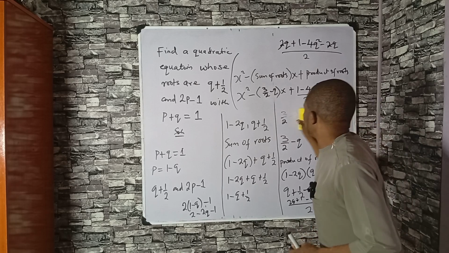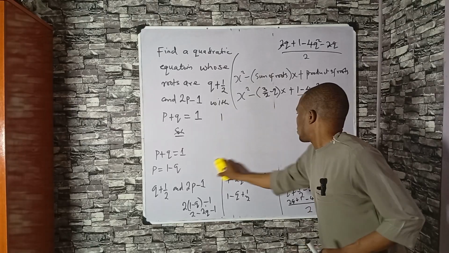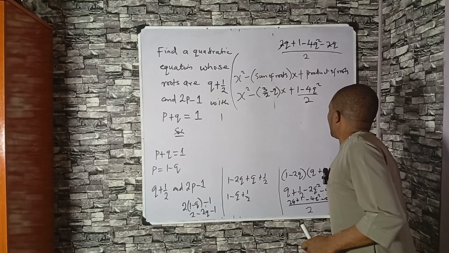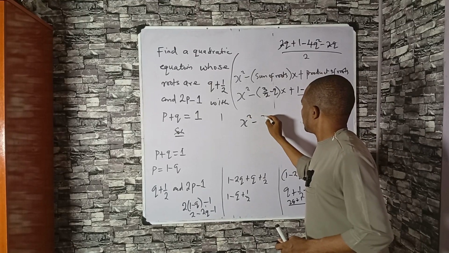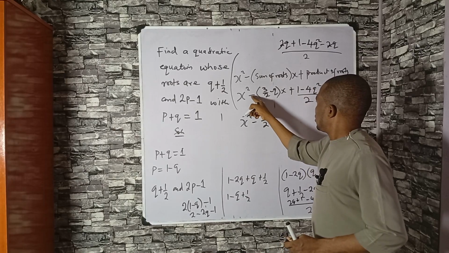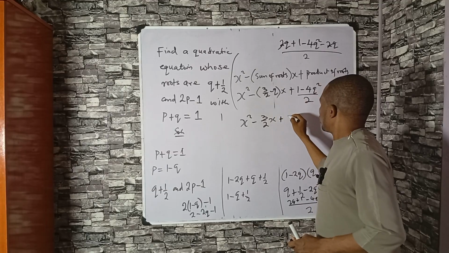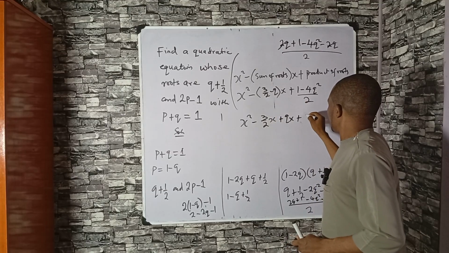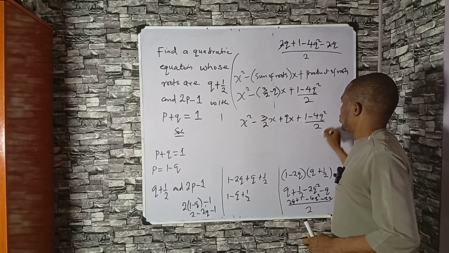We're almost there. Now we can do something here. x squared minus 3 divided by 2 x, then plus this, multiplying them, Qx plus 1 minus 4Q squared divided by 2.